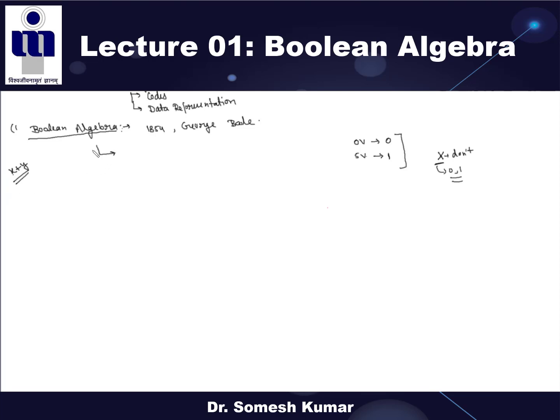Generally Boolean algebra is used to simplify an expression which has a maximum of three variables. If an expression has more than three variables, then it becomes very complex to solve using Boolean algebra.